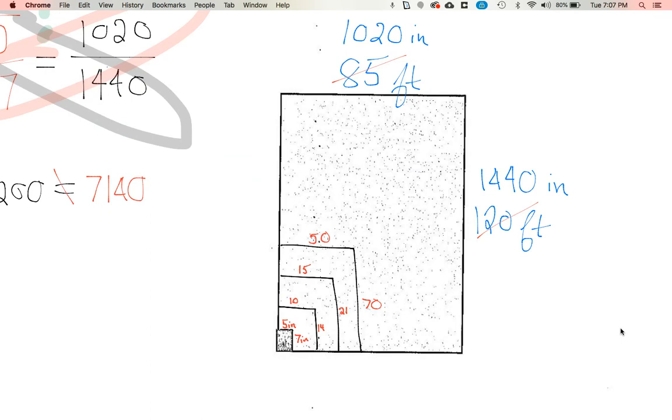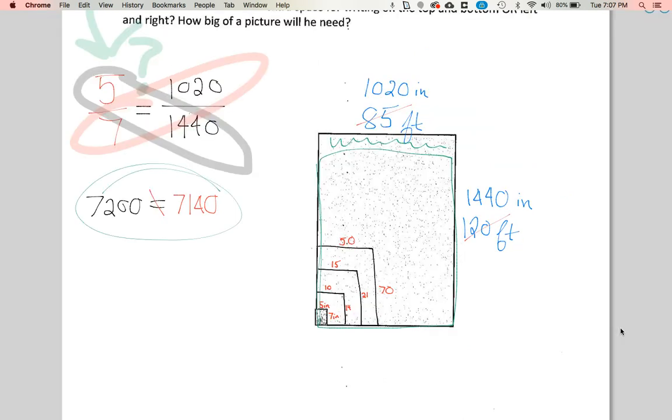If this thing maxes out and it hits the top, then it's going to leave this extra space over here. Or if it maxes out and hits the right-hand side of the building first, then we have this extra space up top. There's going to be extra space somewhere because we just showed that it did not fit perfectly.